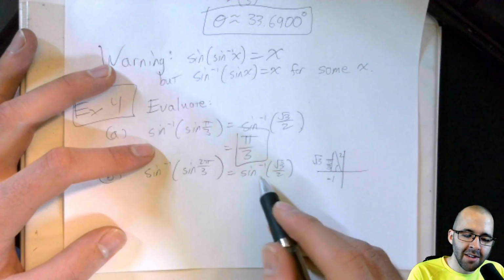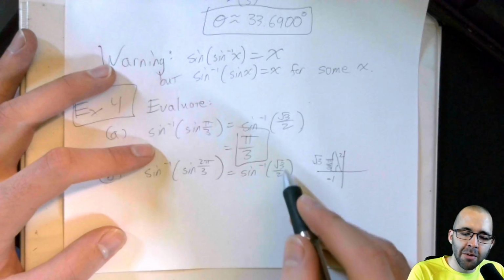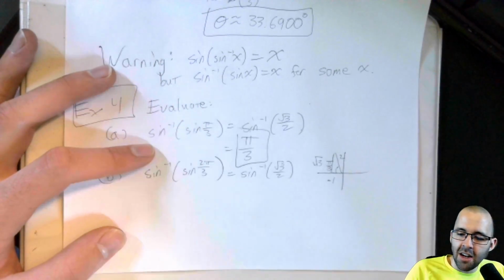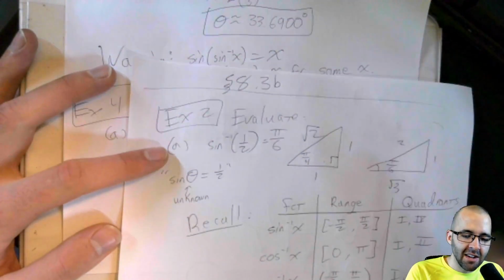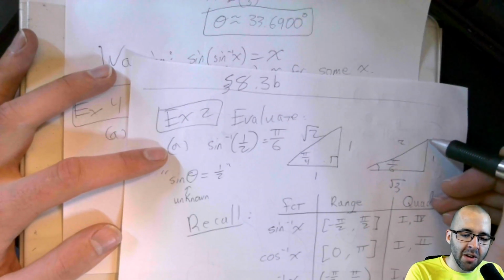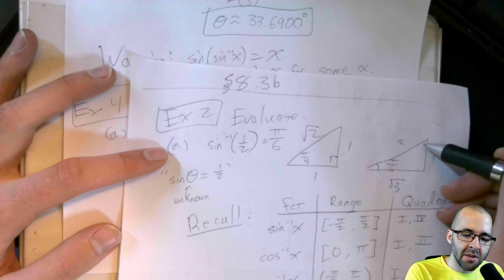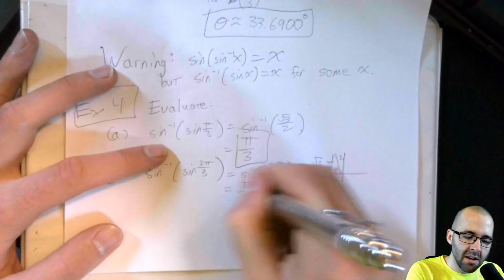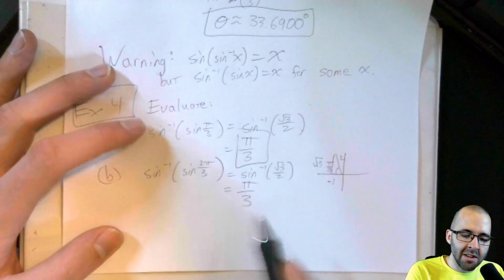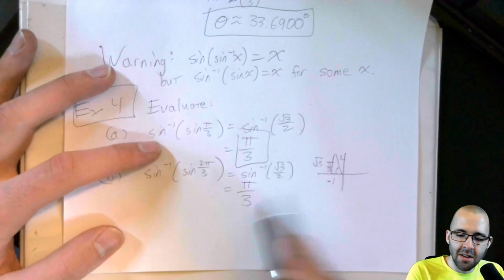But now, what's the inverse sine of root 3 over 2? We need to go back to our triangles. Sine of what angle is root 3 over 2? It's this angle, root 3 over 2. That's pi over 3. So now what we started with is not what we ended with.